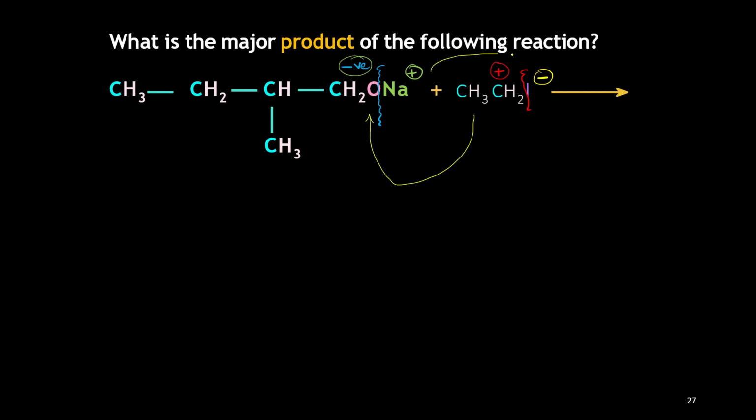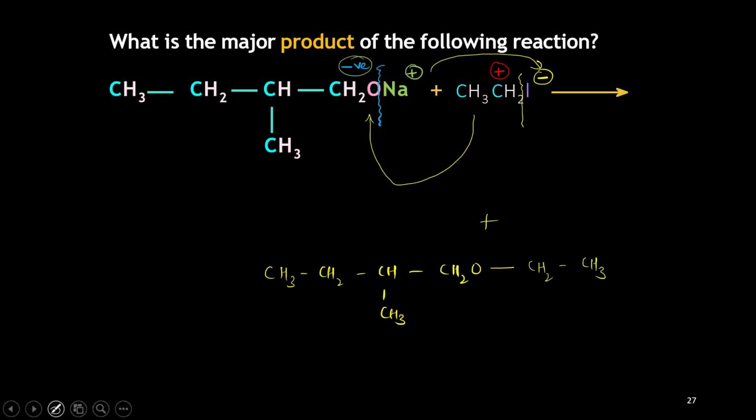The product will be CH3CH2CHCH3 O CH2CH3, and you will get NaI. Clear? Here there is a negative charge, here a positive charge, so they will join.